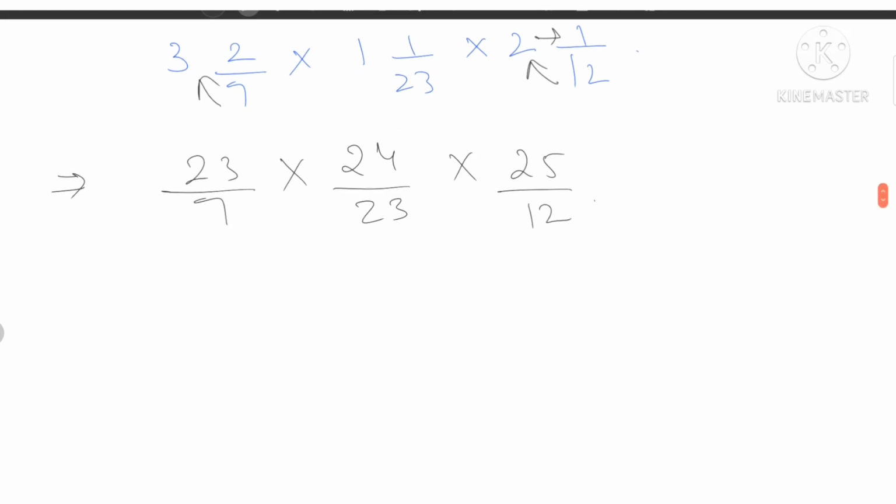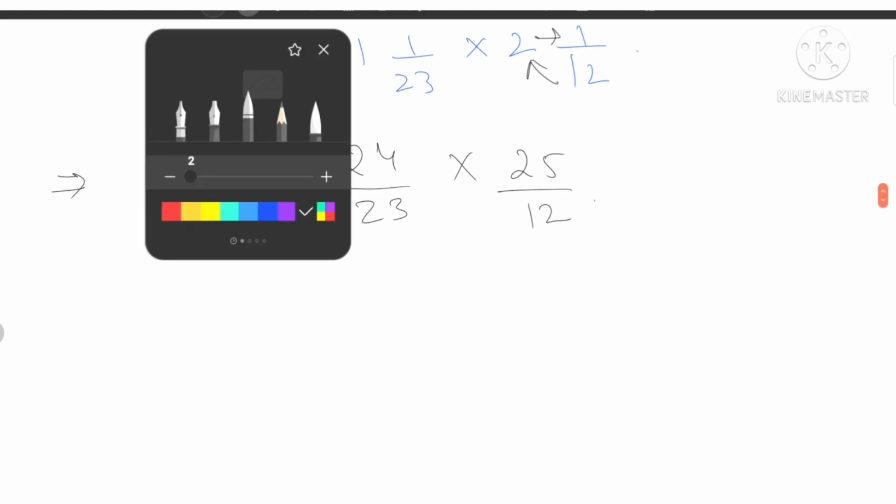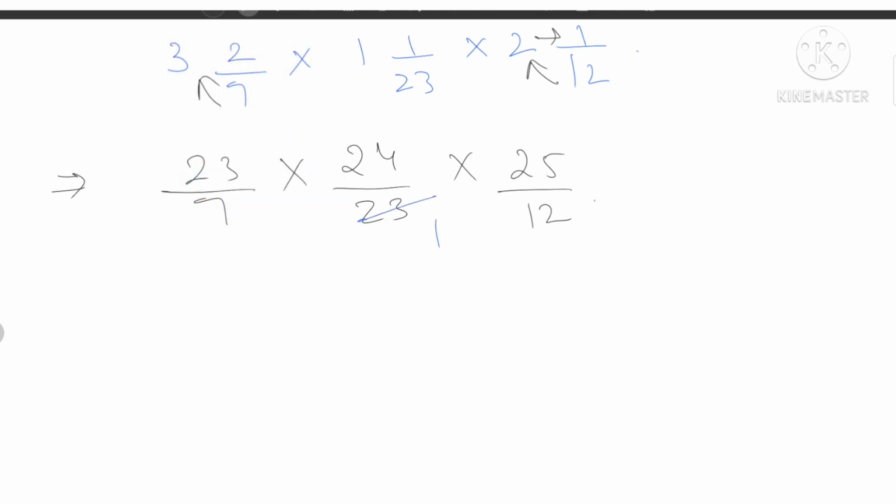Okay, now we'll start cutting it. 23 ones are 23, 23 ones are 23. Okay, 2 sixes are 12, 2 threes are 6. 3 ones are 3, 3 twos are 6.